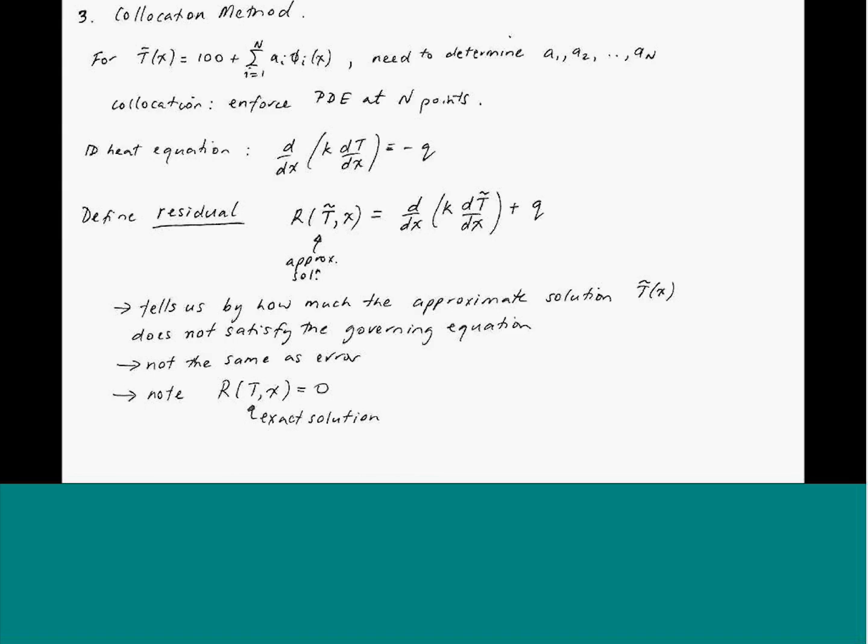If we define the error to be T minus T tilde, this is the error. Is E a function of x? Yeah, E is a function of x if it's T of x minus T tilde of x.